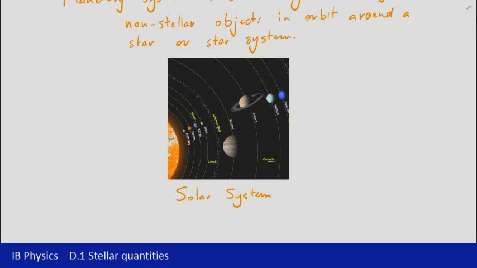So generally speaking, these sorts of diagrams are just to give you an idea of what the planets are and what the order is, not necessarily how they're related to each other or how far apart they are. So there are the objects in the solar system, and objects in the universe. In the next video we'll start looking at stars and some of the objects that these planetary systems are orbiting.